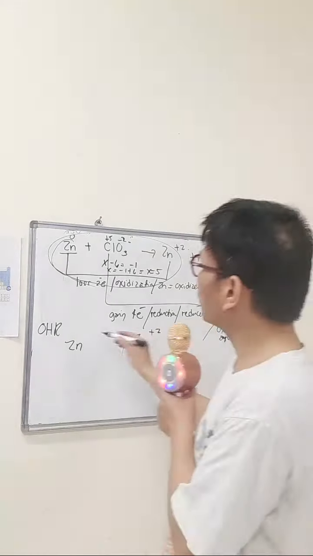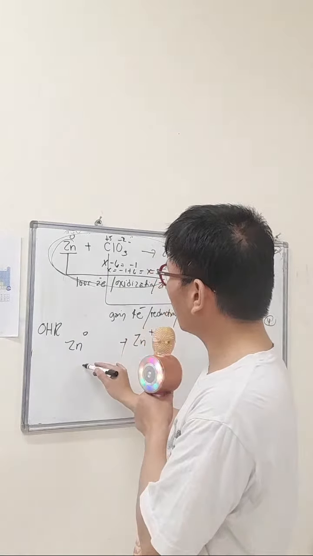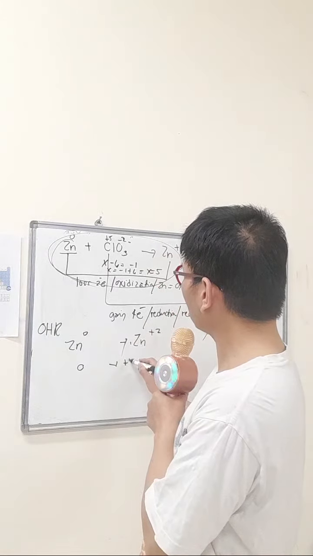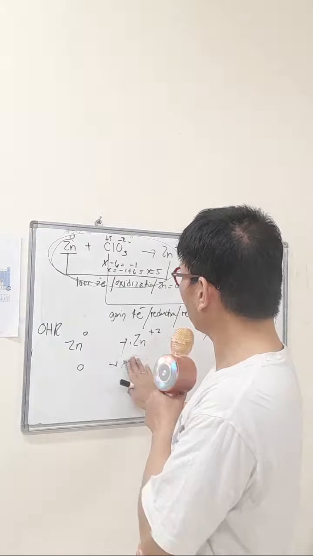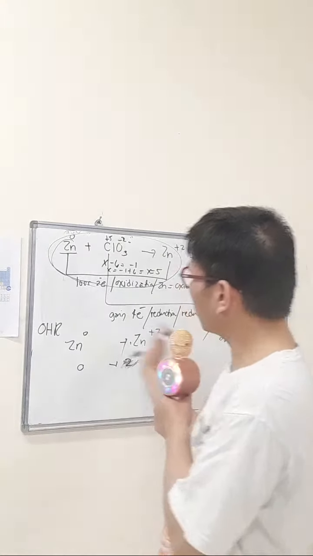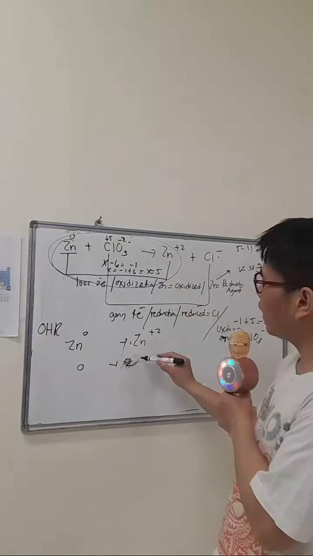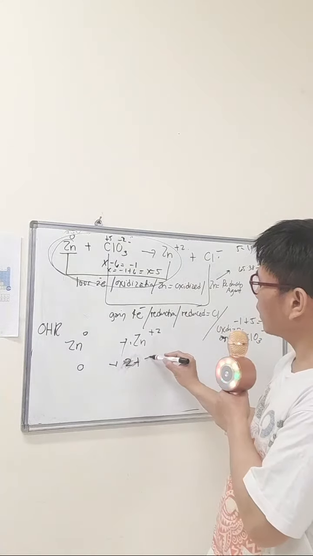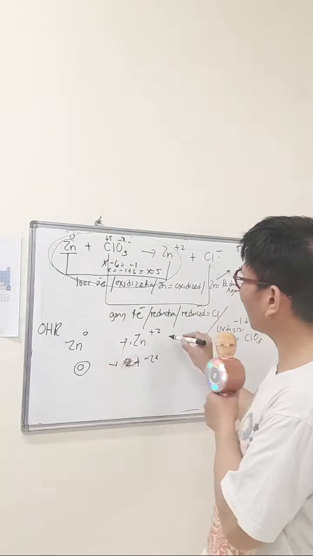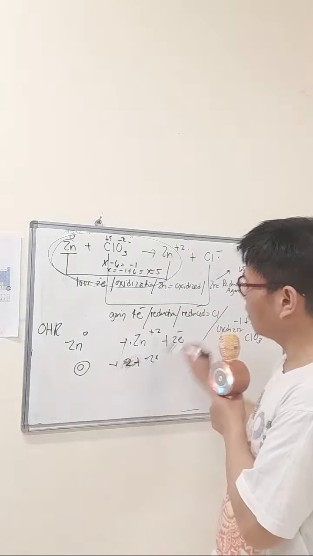Zero charge on the left, and on the right we have 1 times 2, which is 2. How many electrons will you add so that it becomes 0? That is 2 electrons, so that it equals 0 on the left.